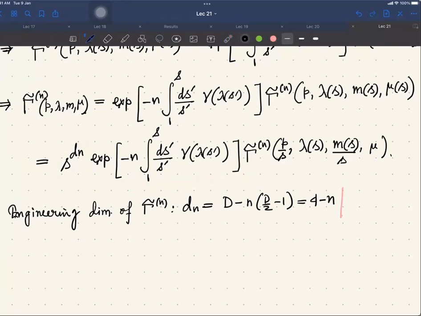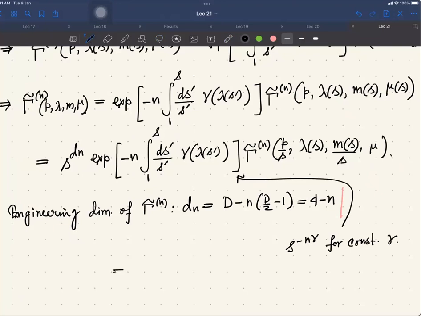If you take gamma to be constant, then it will come out. So gamma comes out, it's minus n times gamma times log s, and that is same as s to the power minus n gamma. So this contribution, this factor, is s to the power minus n gamma for constant gamma.